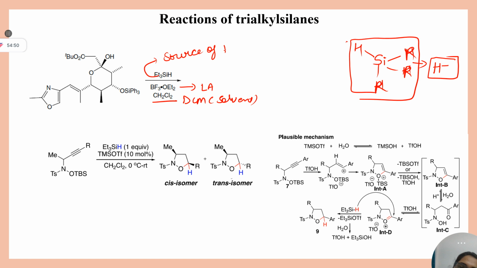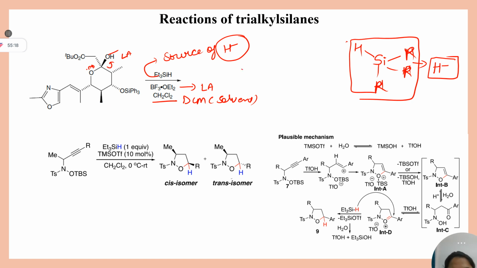If anywhere you see trialkyl silanes, it is nothing but a source of hydride. Okay. So Lewis acid will coordinate to which oxygen? Obviously to this one. It can coordinate with the other as well, but from here it will be entropically favored. This oxygen lone pair will push and knock off this OH group.